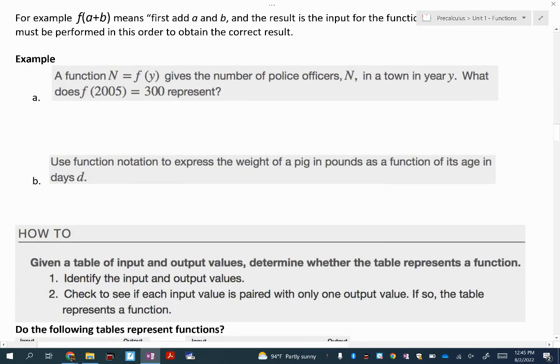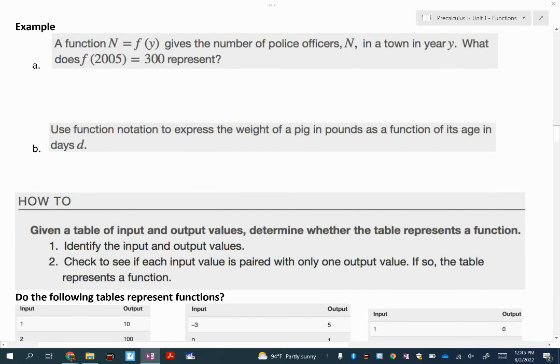Now, let's look at a few examples here. So this next one says a function n equals f of y gives the number of police officers n in a town in year y. What does f of 2005 equals 300 represent? A key thing, I know you guys are not going to have any issues with this, that does not mean multiplication. Well, y, f of y is year y.